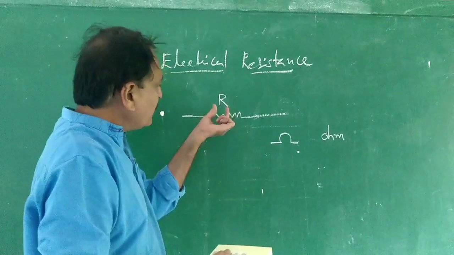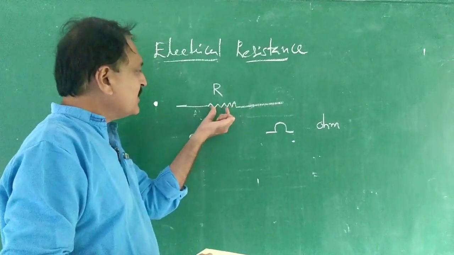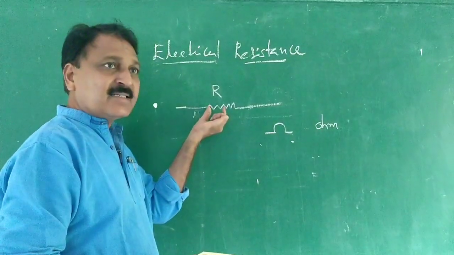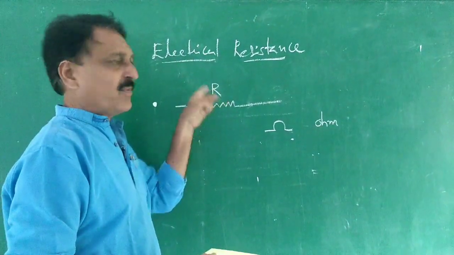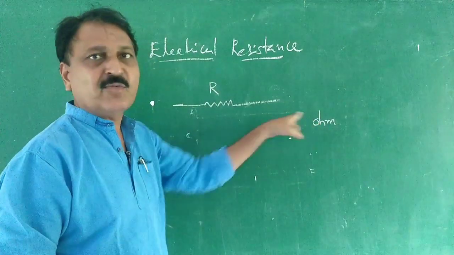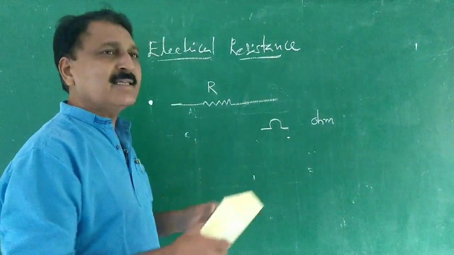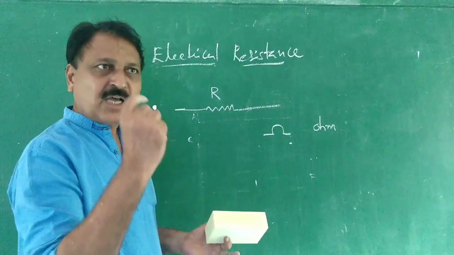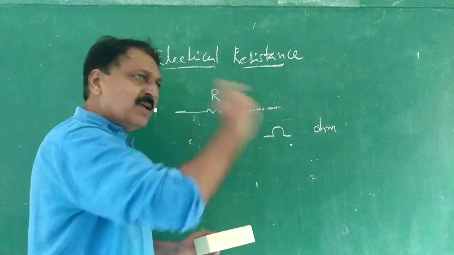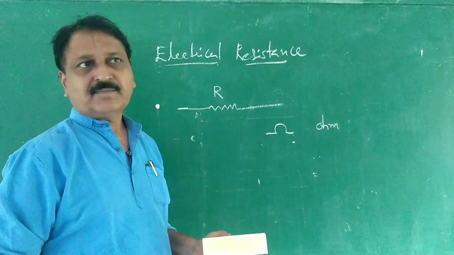So you have to find these 3 things. First one is how to represent a resistor in a circuit. What is the letter used to represent the resistance? What is the unit to measure the resistance? Ohm is the unit. Okay, these are the simple fundamentals. First you have to understand regarding the resistance. A resistor always opposes the flow of current.